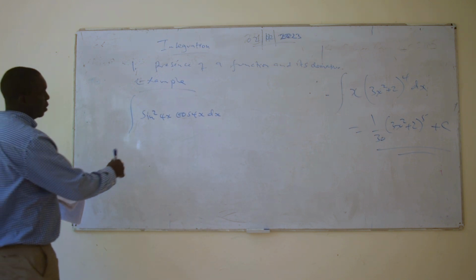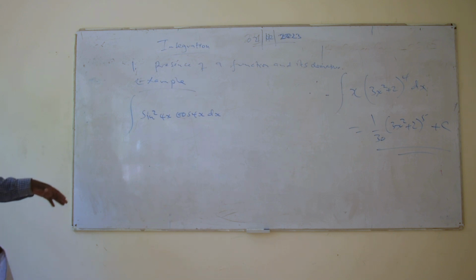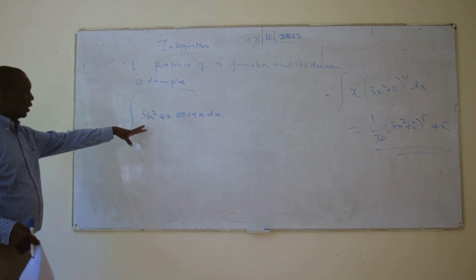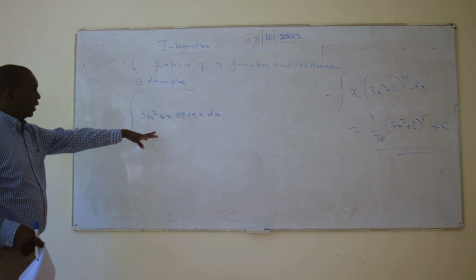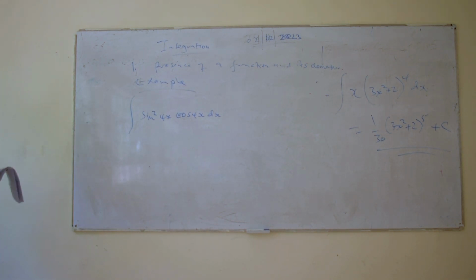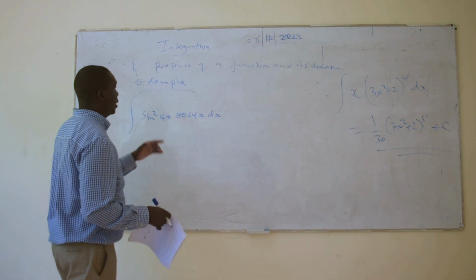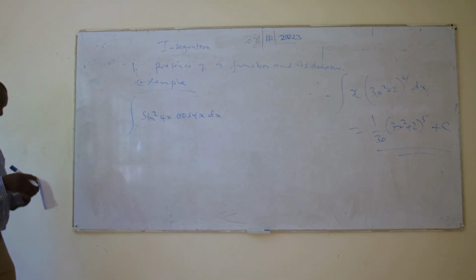We note that cos of 4x is a constant term, because if you differentiate sine of 4x, you get cos 4x times 4. And therefore, there is a presence of a function and its derivative in this equation.